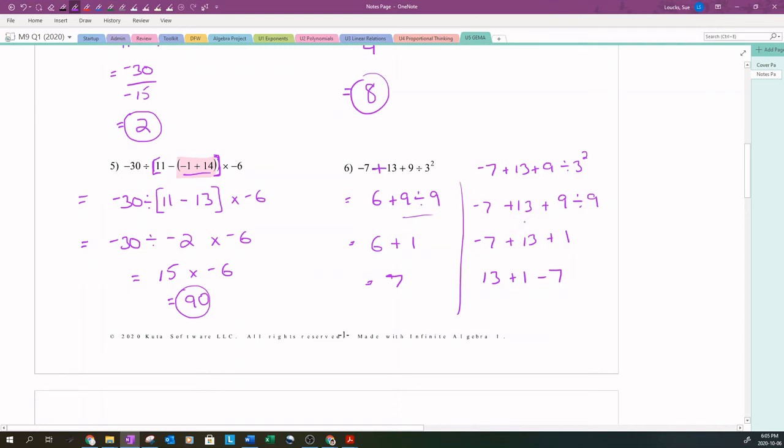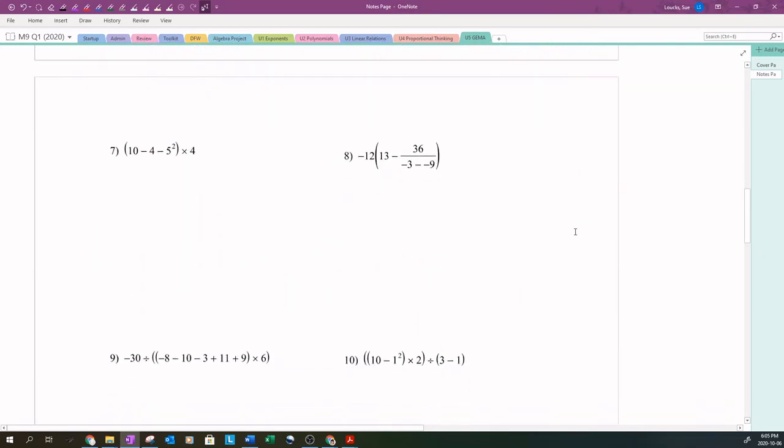I don't know. That's weird. But if I change it to 13 plus 1, okay, that's 14, and then I take away 7. Oh, that's 7. That was easy. Okay, because remember, when you're adding and subtracting, you can change the order, as long as you keep the signs with the right things, it's fine. Yes, that's called the commutative property of addition. Okay, next page.